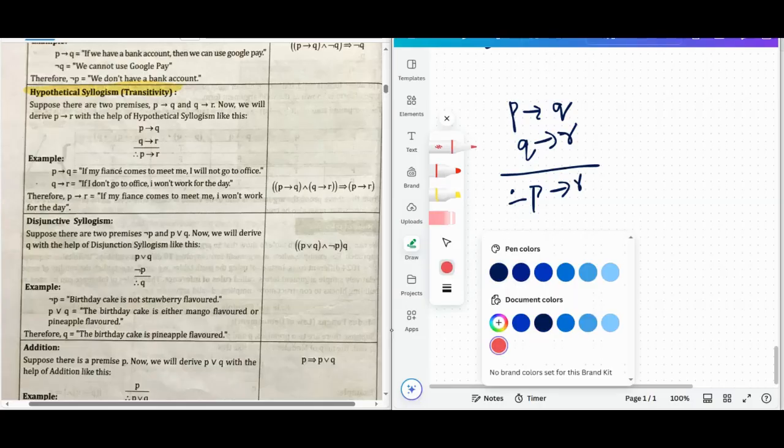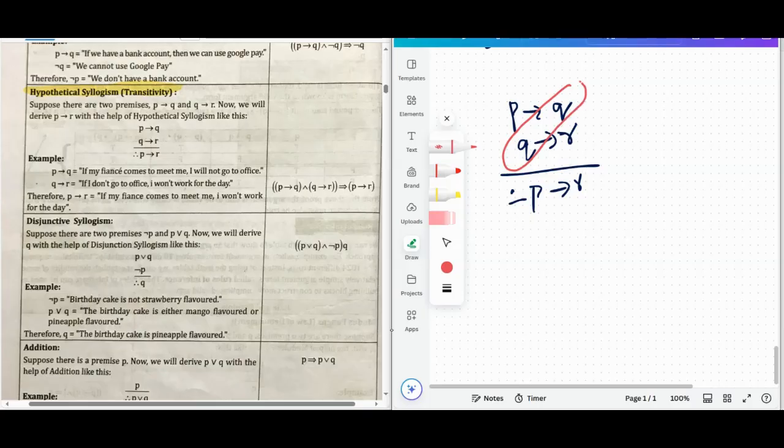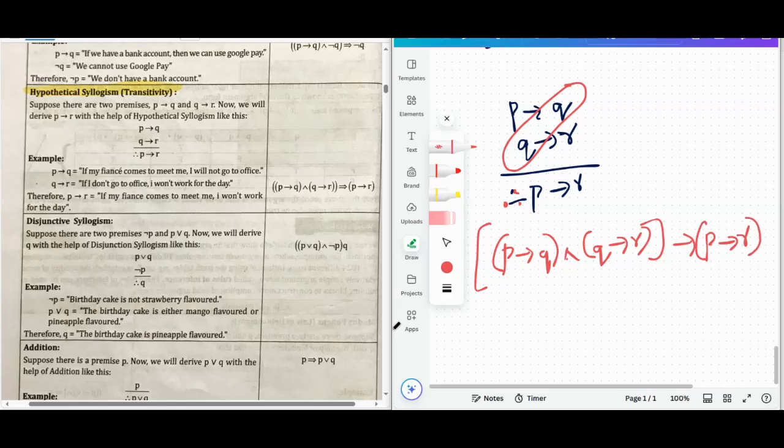The common one, we will leave it and we'll take P implies Q, therefore it is P implies R. Now, it can be written as P implies Q and Q implies R will give you P implies R. So this is called hypothetical syllogism or the transitivity of the given problem.